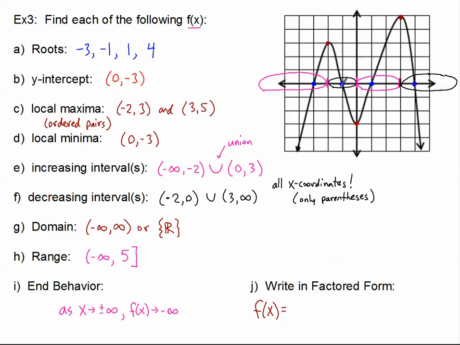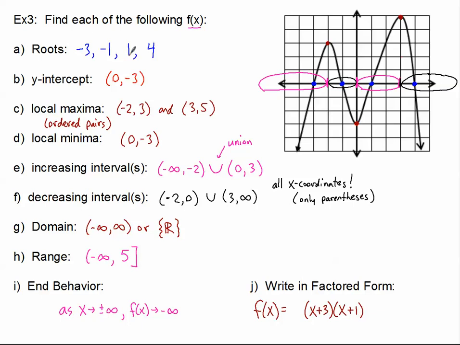So we can either read them from the graph, or it might make sense to just look at them right here where we said where our roots were. And let's just go in order from left to right. If negative 3 is one of our roots, then I'm going to leave a space right here. x plus 3 will be its factor. And if negative 1 is one of the roots, then x plus 1 will be another factor.